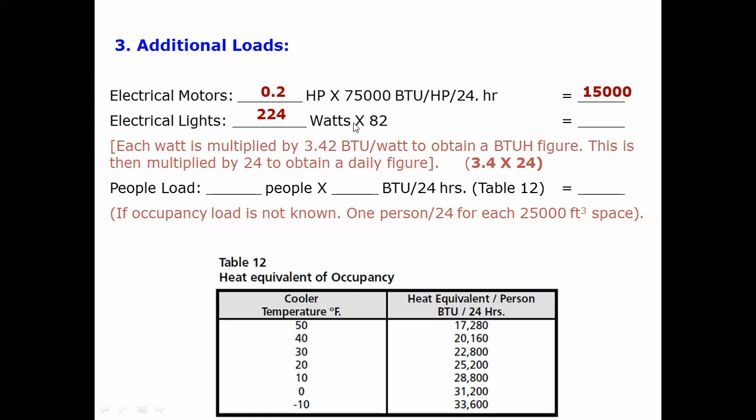And you'll be getting 50,000. Here you'll be getting 1,8368, correct?